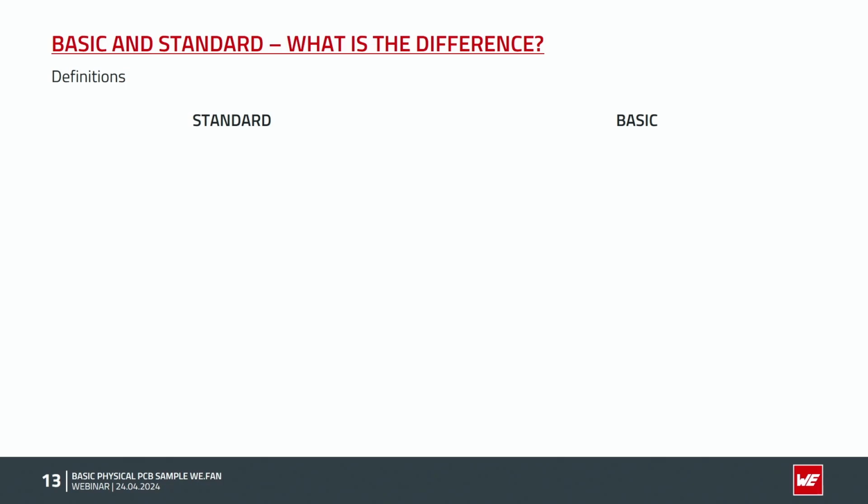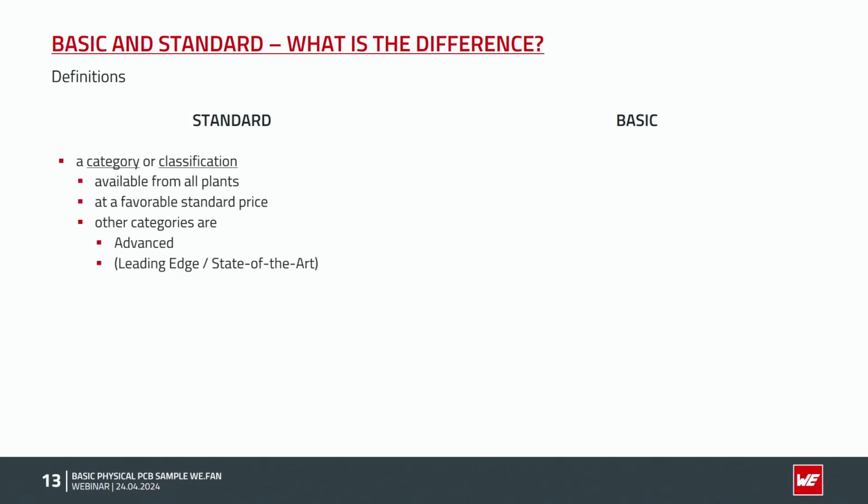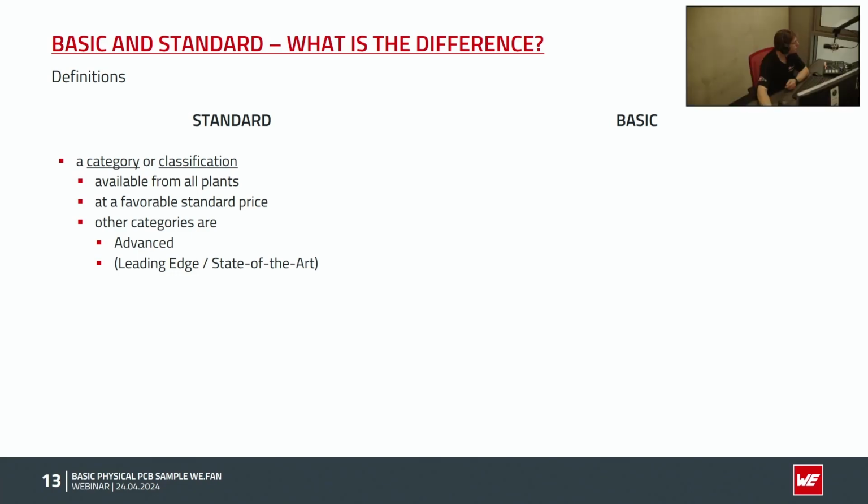specifications or with the meanings of basic and standard. The standard is a category or a classification. For PCBs, that means standard is available from all plants at a favorable standard price. And that could be any technology. It could as well be a rigid-flex technology or HDI technology, embedding technology. There are standards everywhere.